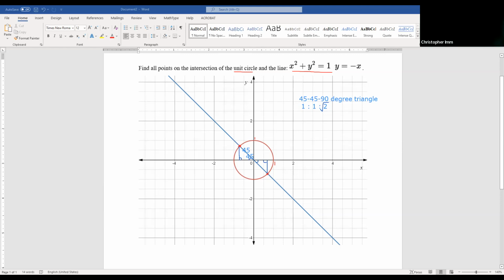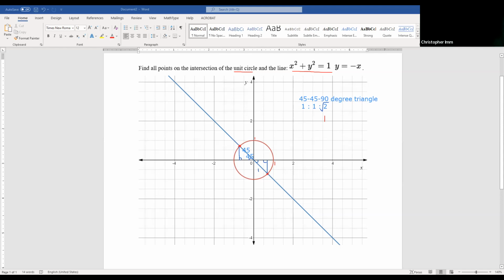Let's go ahead and look at this triangle in the quadrant here. We know that the hypotenuse is 1. It's across from the 90-degree angle, and it's going to go with √2.